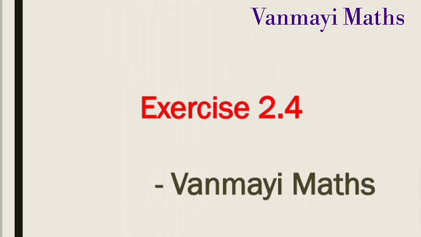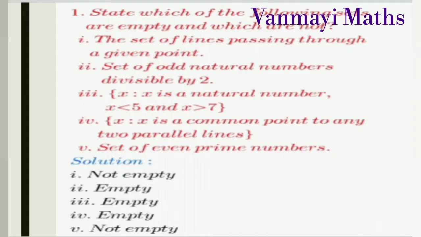Coming to the fourth exercise, we'll see the problems. State which of the following sets are empty and which are not empty. First one, the set of lines passing through a given point: it is not an empty set. Set of odd natural numbers divisible by 2: it is an empty set.